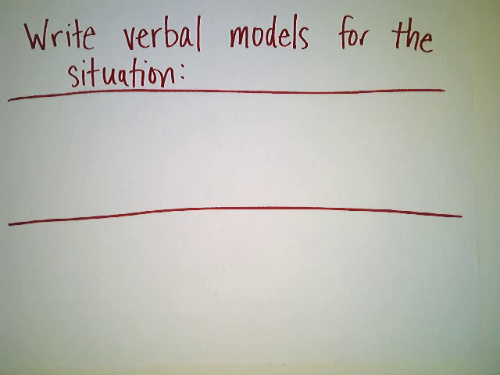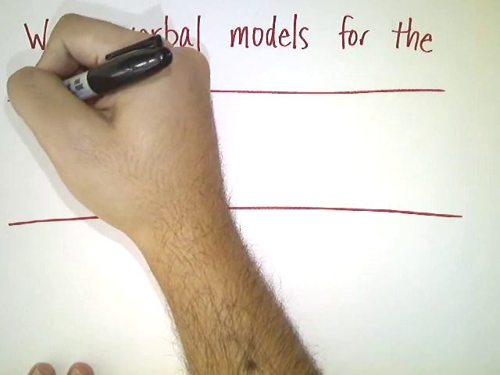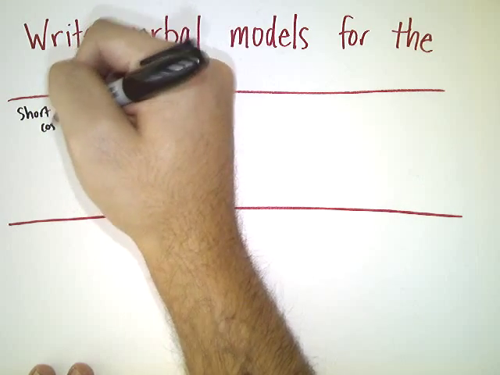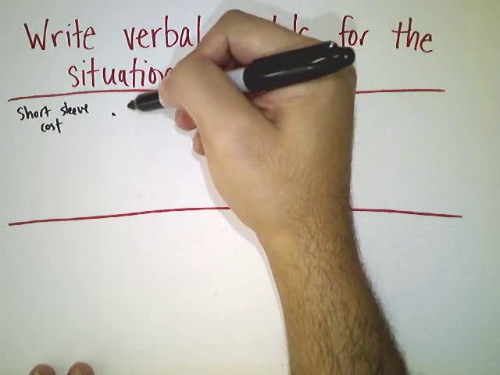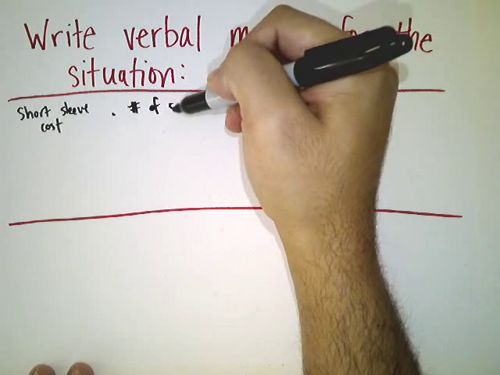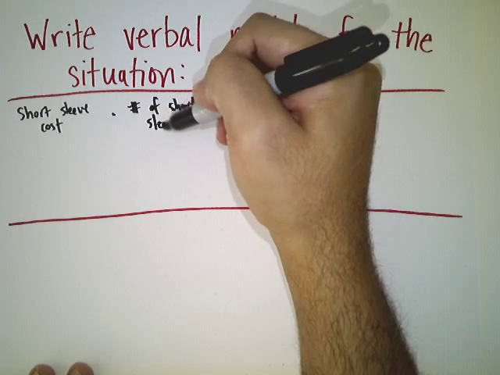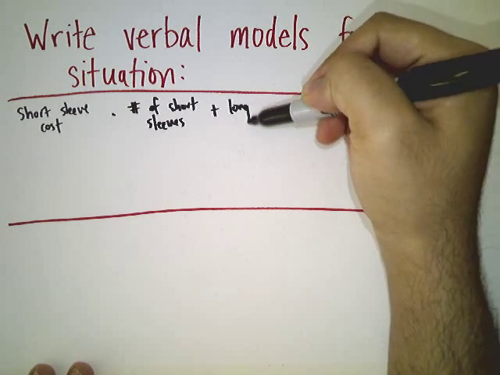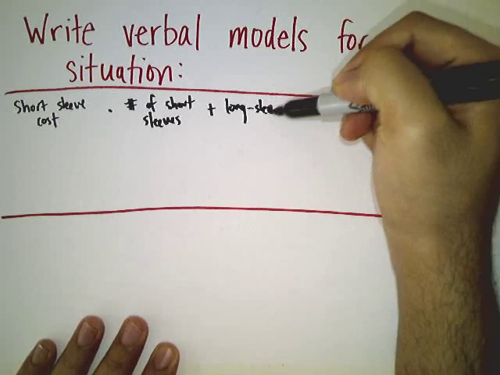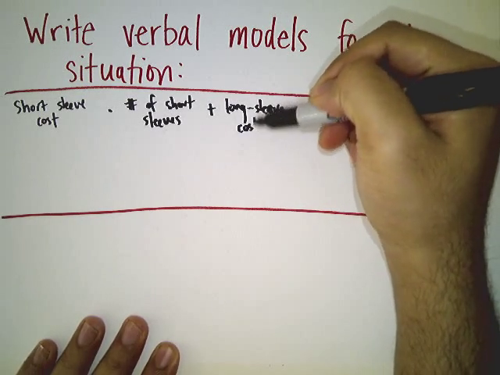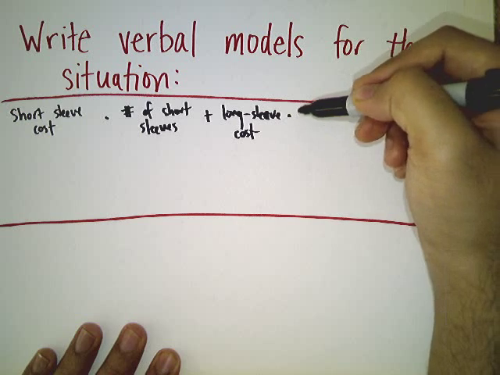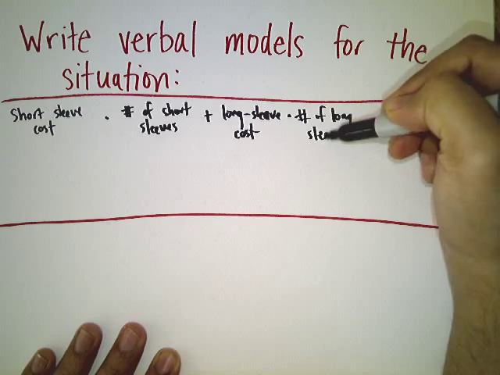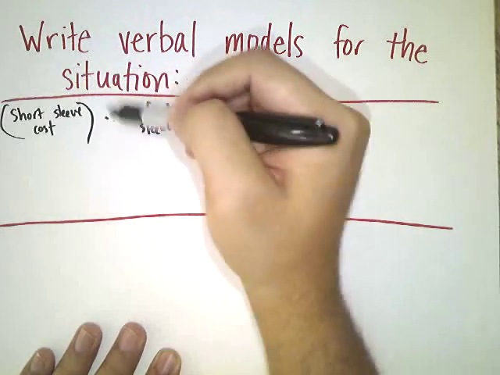So what we should be thinking is, the short sleeve cost times the number of short sleeves, plus the long sleeve cost times the number of long sleeves. If it helps, we can put these in parentheses.